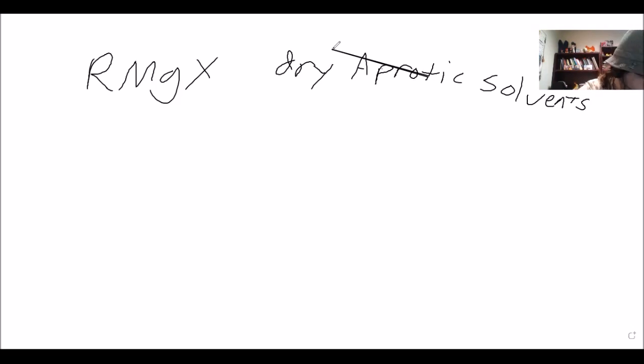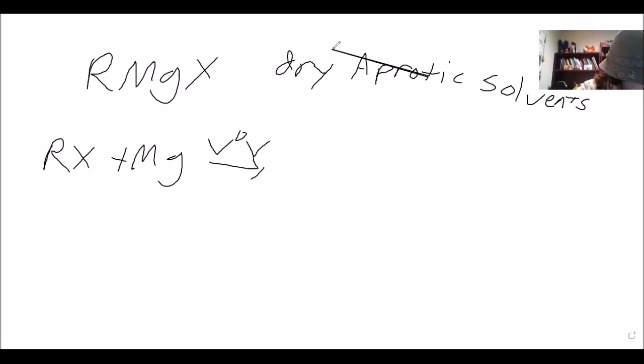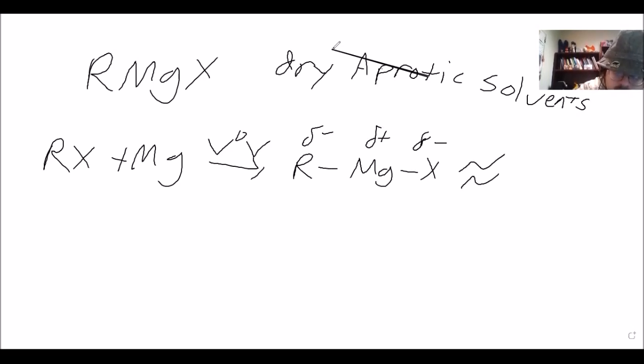So the basic idea, how you form this, you take this, you add some magnesium. We can do this in, say, diethyl ether. And you form RMgX, with delta minus, delta plus. But essentially, when we look at this, this is just an R minus and a MgX compound.